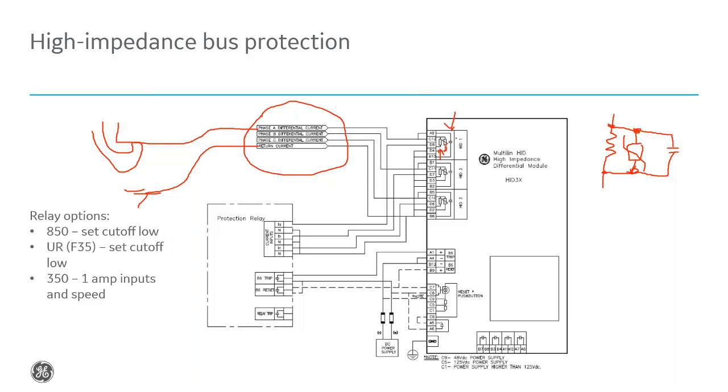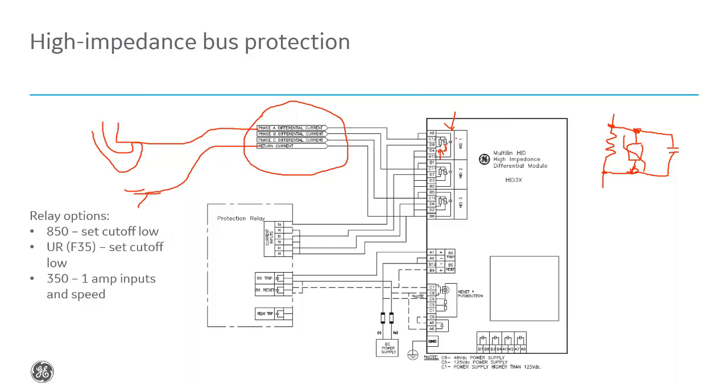It is a resistor. The MOV exists to shunt that current if you have a large voltage that appears across the resistor, larger than it should have. That protects the resistor. The contacts that are shown here are tied to the lockout relay that is integral to the HID module.